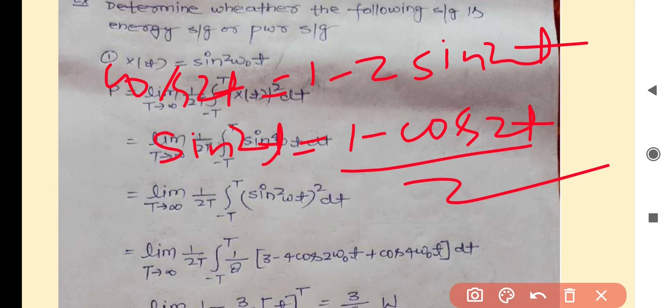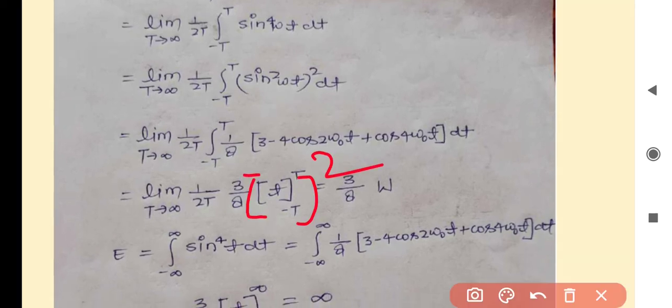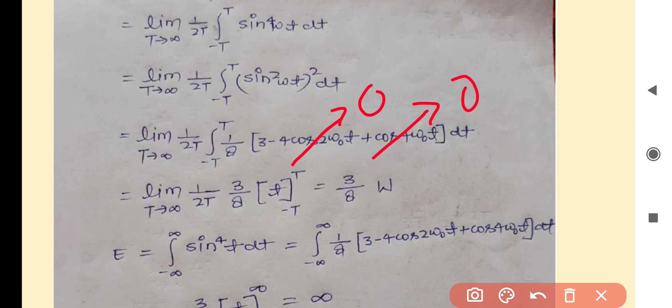So instead of sin square t, we will write this value here, and then again we will square the given relation, and finally we will get this value. After integration, as discussed earlier, the integration of the cos 2 omega t term and of the other sinusoidal term will become 0.